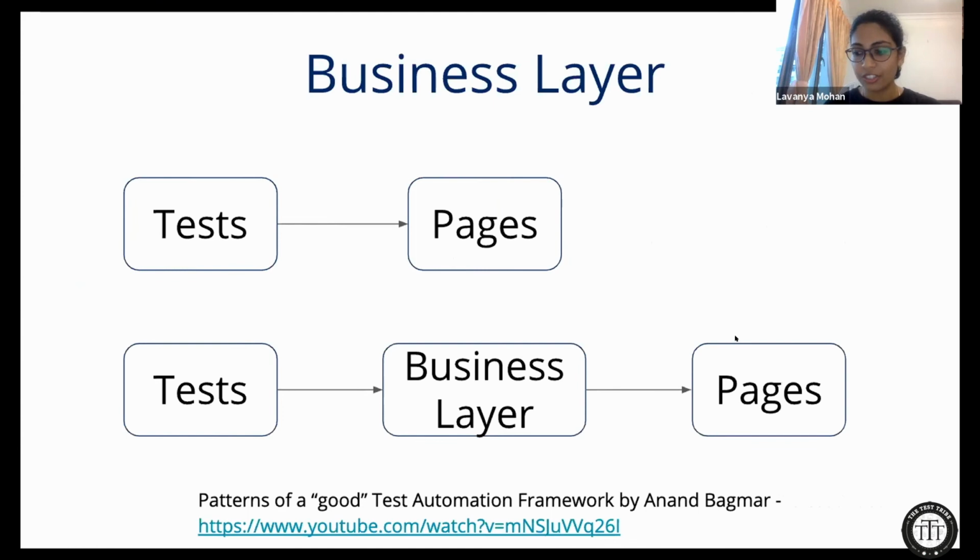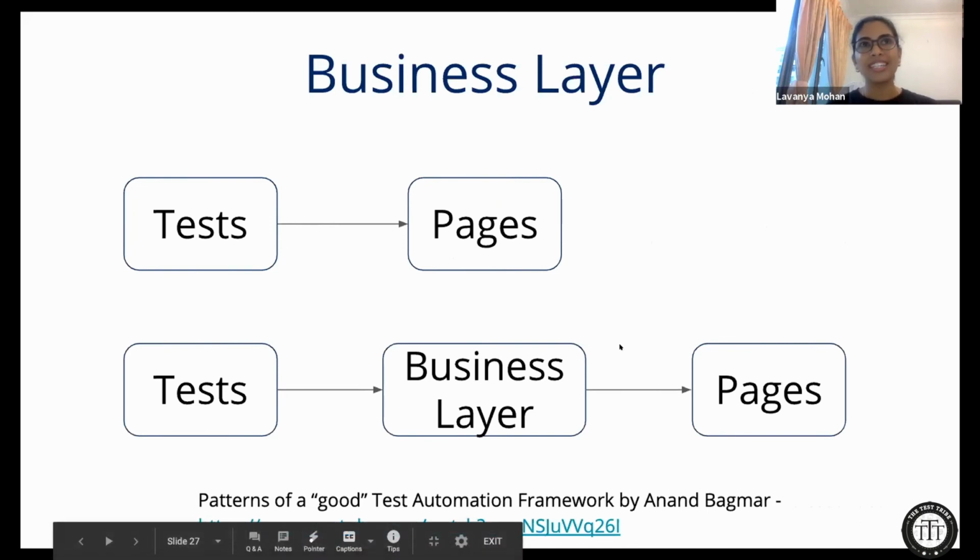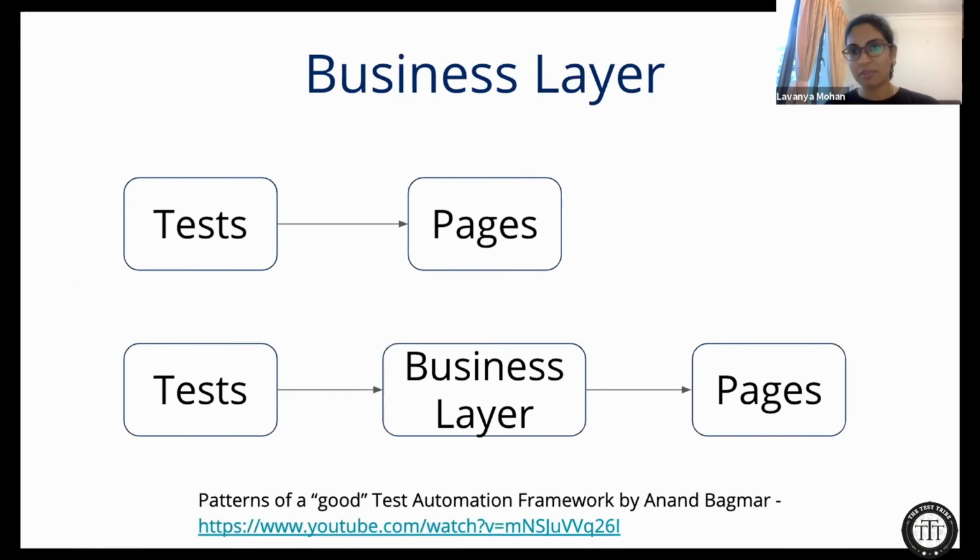The advantage of this is that all the business logic will get abstracted into the business layer. Now you may say that this sounds like overkill for a small app like this, which has just three pages, maybe. But usually the projects that we work on are far more complex. So something like this will definitely help.